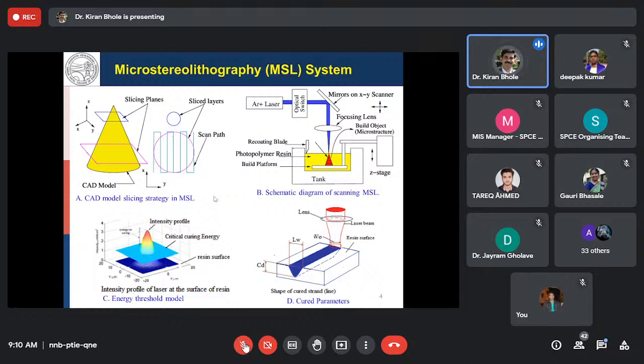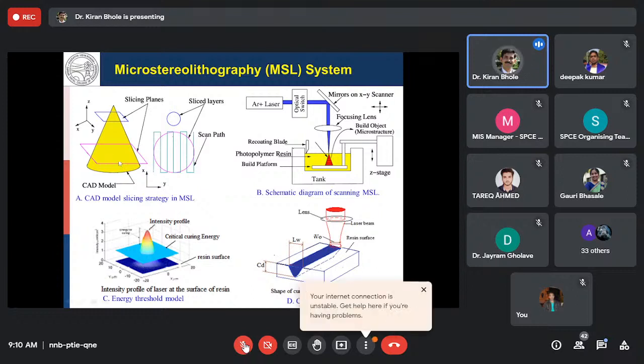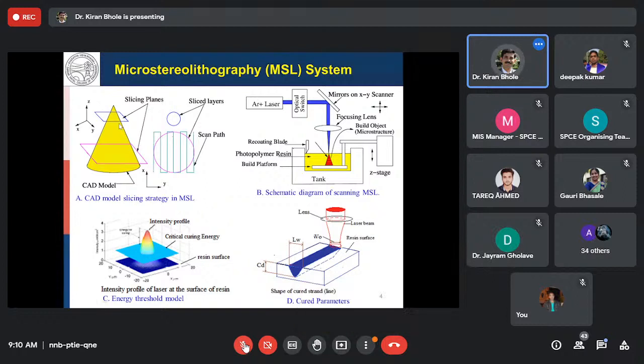The general process of the MSL is common to all additive manufacturing processes. First of all, we develop a CAD model in any CAD modeling software. Still we are in a computer; the object is not realized in actual.